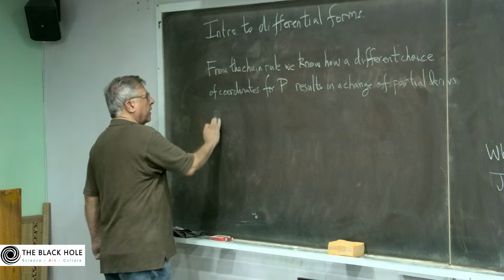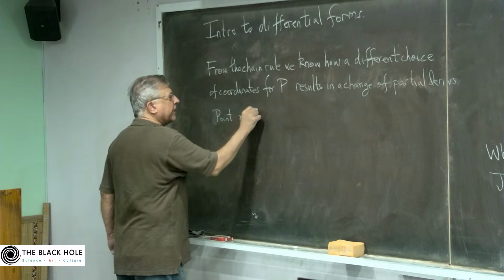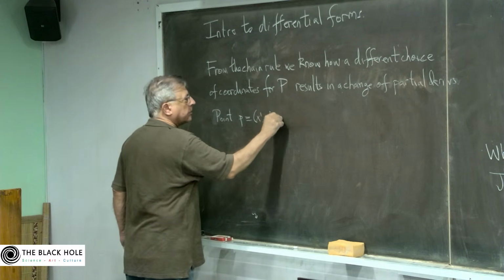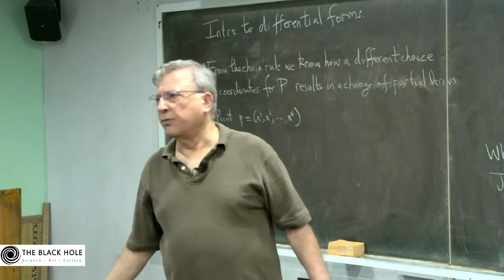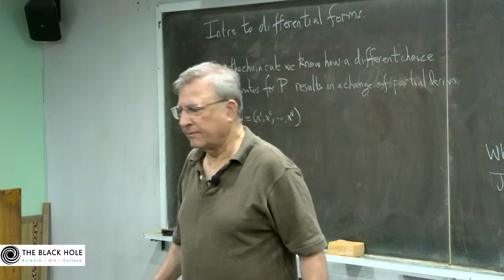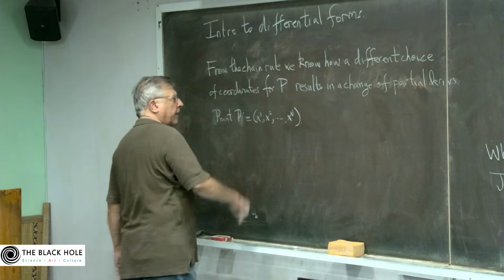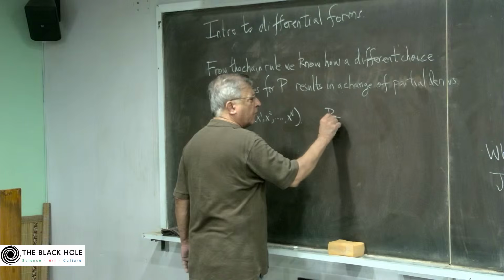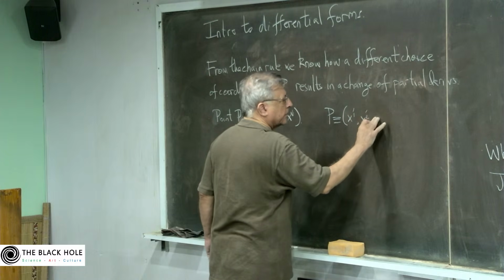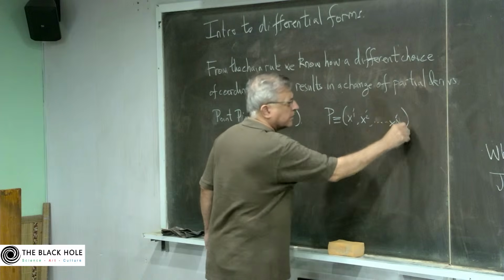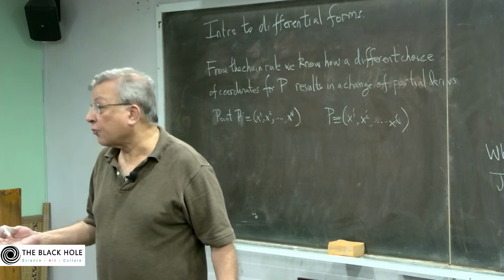Point P, we can describe it as x1, x2, so if we use Cartesian coordinates, we can just say x, y, z, etc. But then P can also be described by polar coordinates.